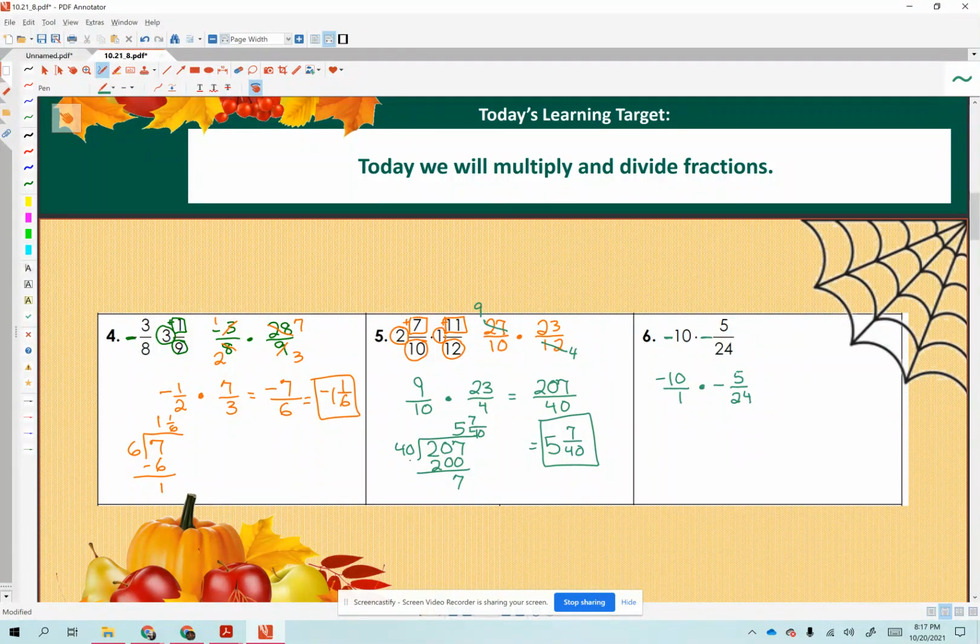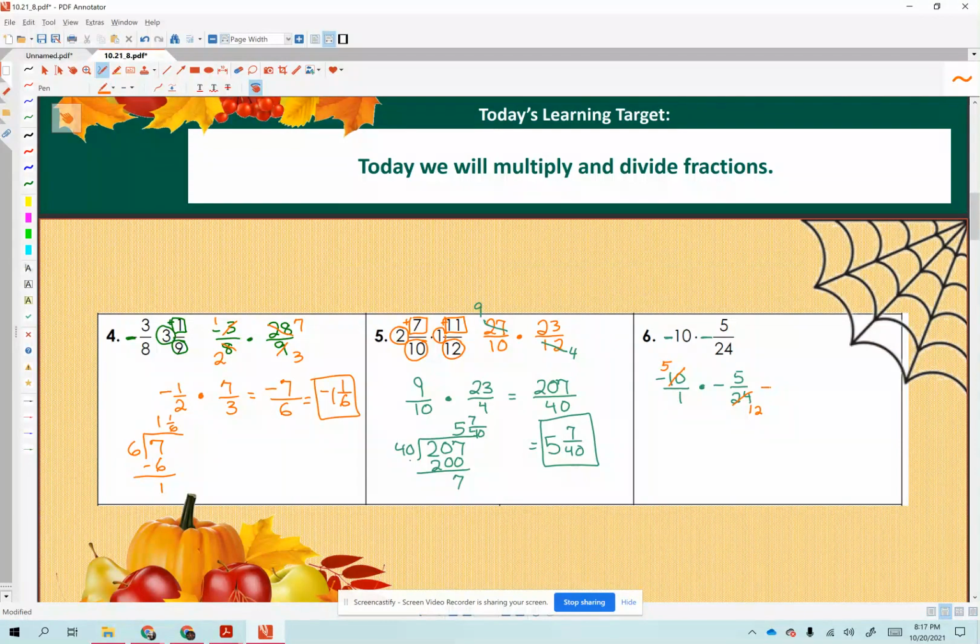Now, on the diagonal with the 1 and the 5, there's nothing to simplify. I already have a 1 in the denominator. But in terms of the 10 and the 24, I can divide both of those by 2.